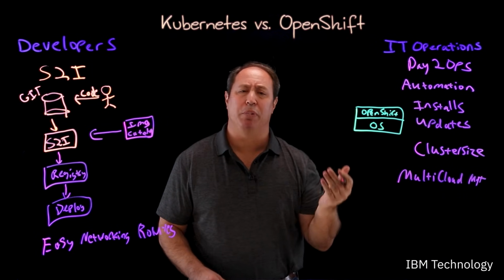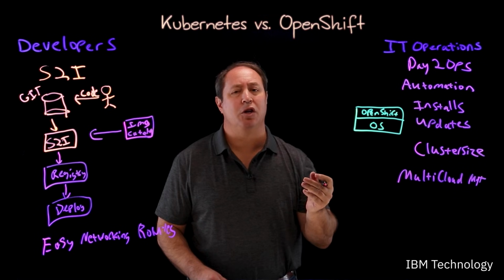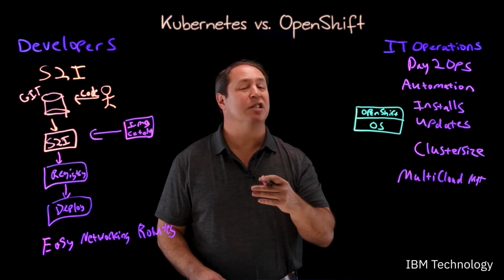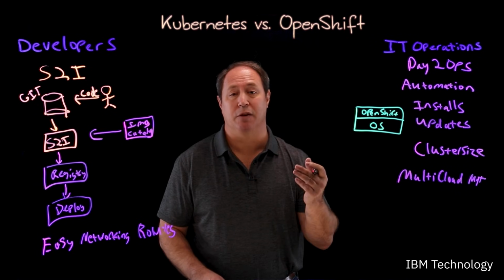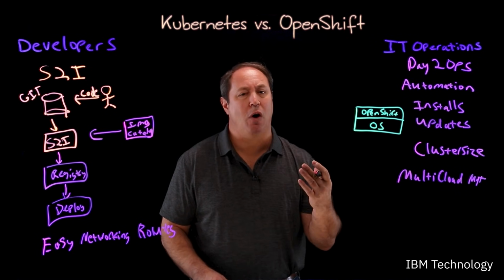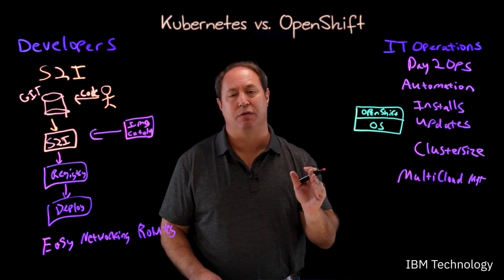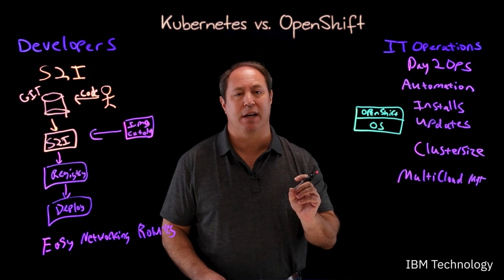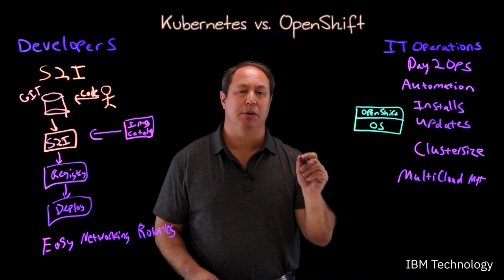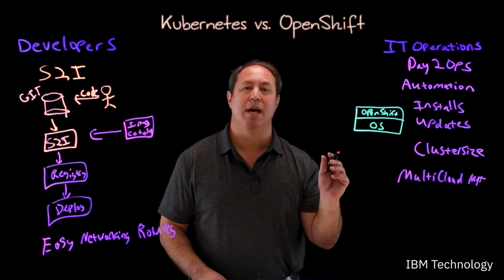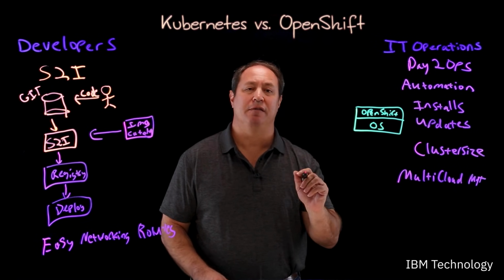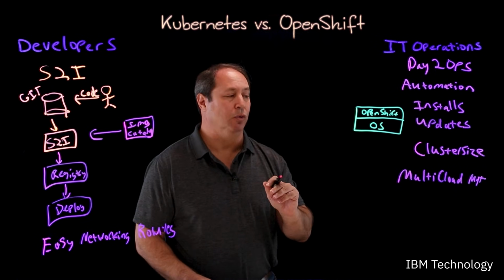When you start running in production, the odds are you're going to be running lots of clusters, and you're probably going to be running them on different clouds, maybe different types of clouds, public clouds, private clouds, and trying to manage all those clusters running on all those different cloud environments in vanilla Kubernetes is really difficult. But OpenShift has built-in tools for multi-cloud management that make running across multiple clouds very, very easy. It's all built into the tool.